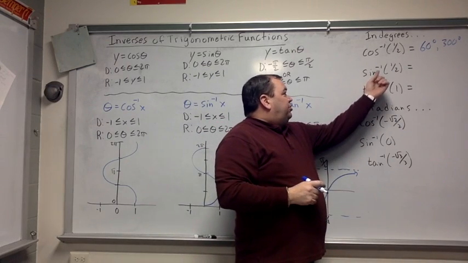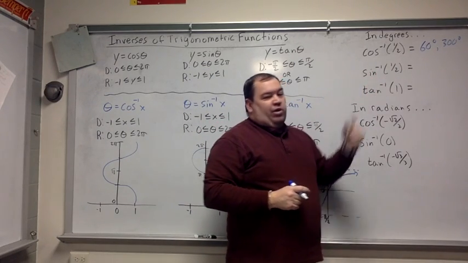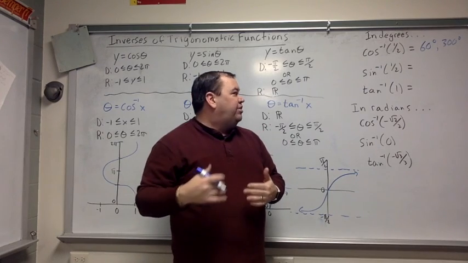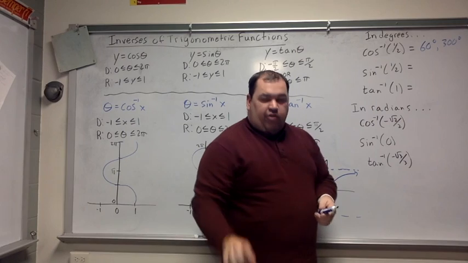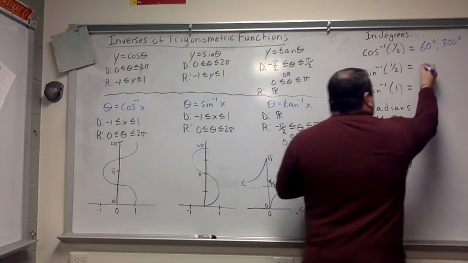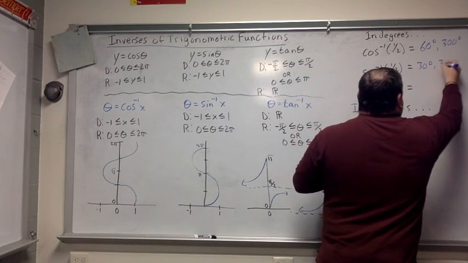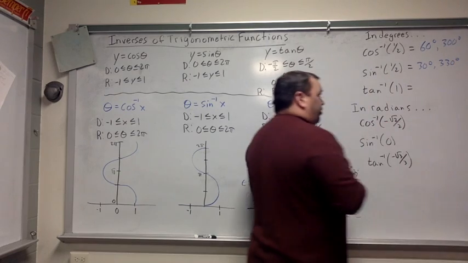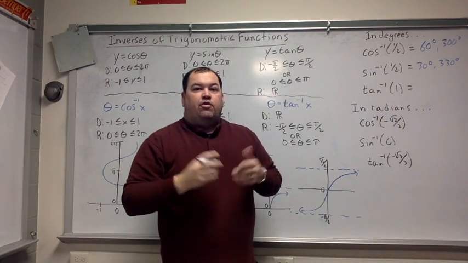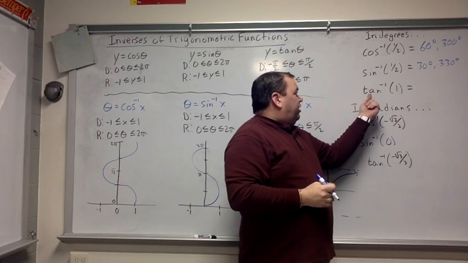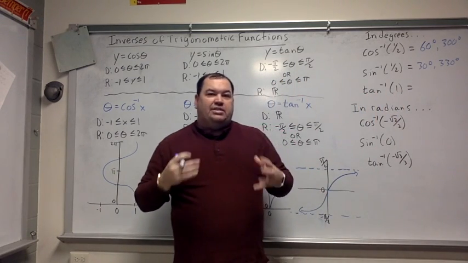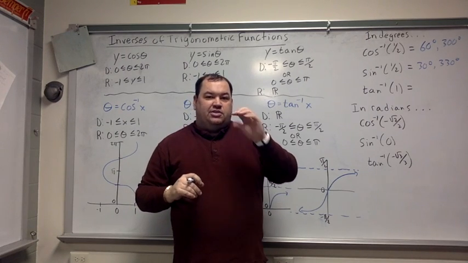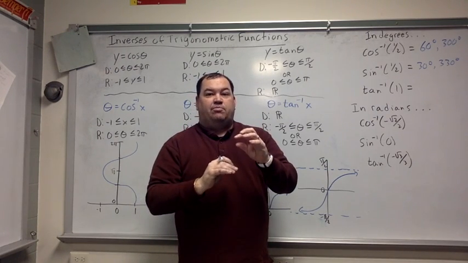Now, if I wanted to do an inverse sine of 1/2, so now I'm looking for where the sine is equal to 1/2, I go to my unit circle, and the first one I find is at 30 degrees, but I also find one at 330 degrees. For tangent, I'm looking for an angle that has tangent of 1. And the only way tangent can be 1 is if sine and cosine are the same.